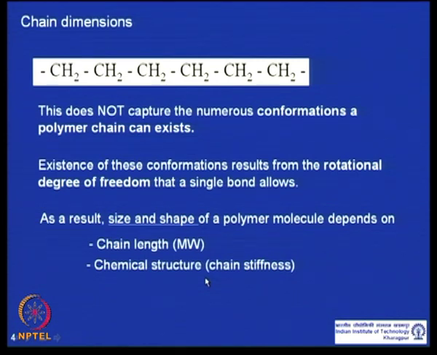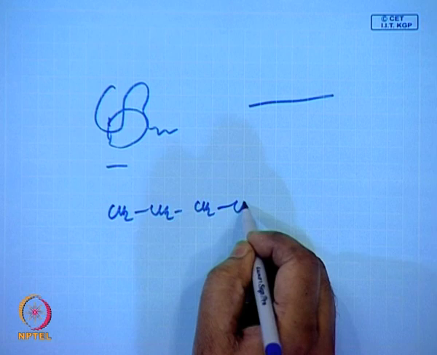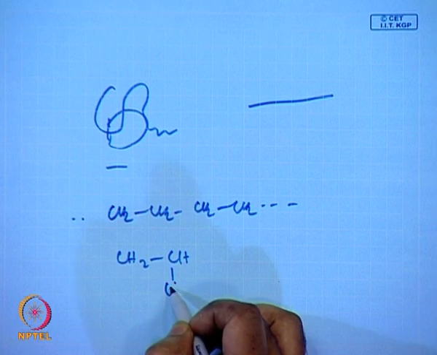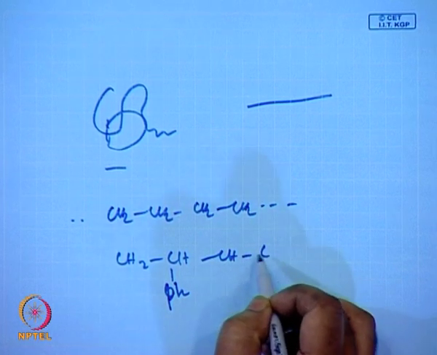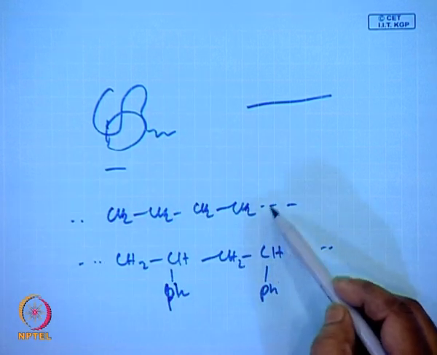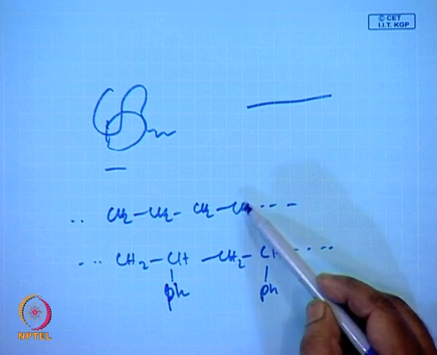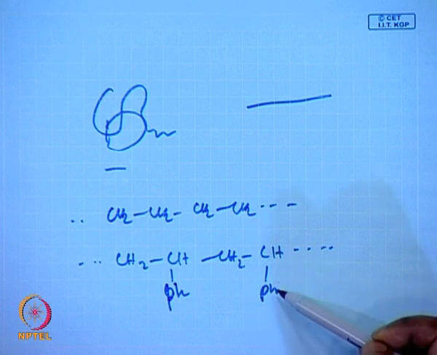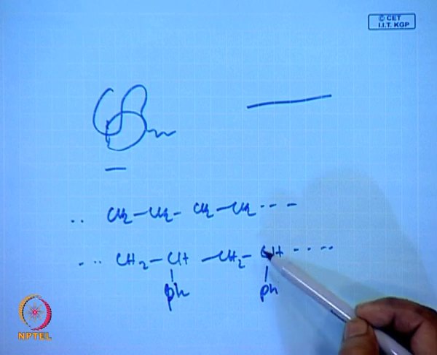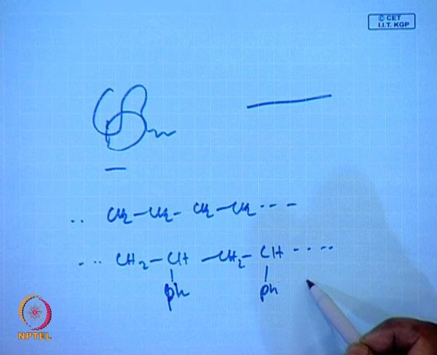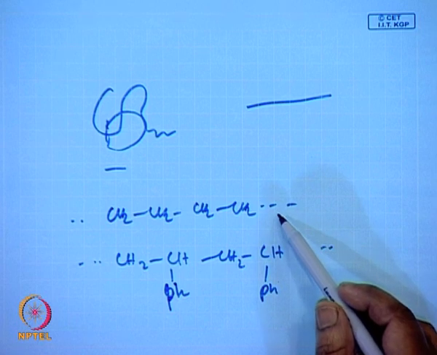Now, if you have, say, a polyethylene molecule or say a polystyrene molecule, obviously the rotational freedom across the single bond will be much lower in polystyrene than polyethylene, because of the bulky substituent, the rotation across the single bond will be restricted. So, polystyrene is a stiffer chain. We will say that it is a stiffer chain than polyethylene, or in other words, polyethylene is a more flexible chain than polystyrene.